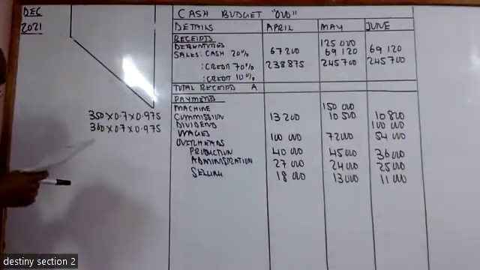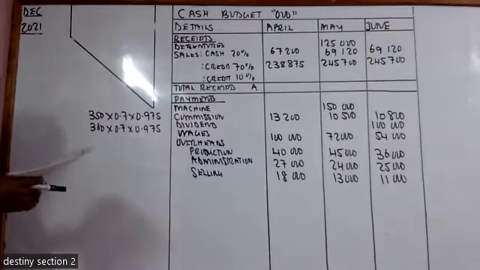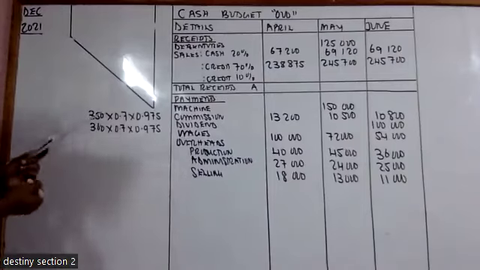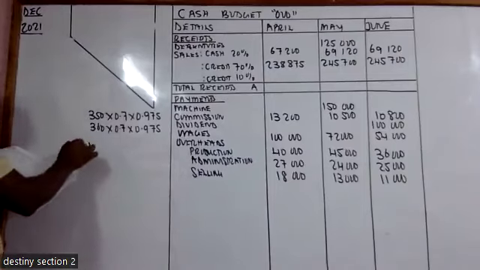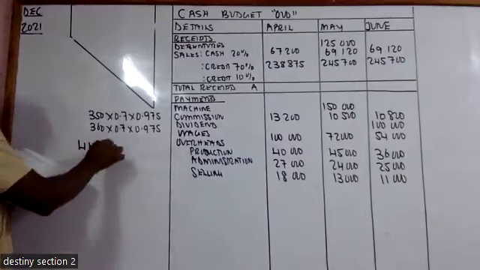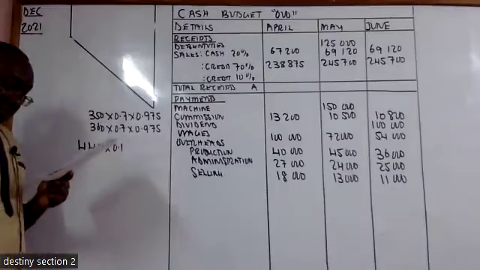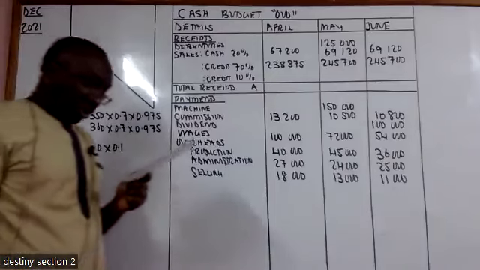Then the other percent is 10%. They pay within 2 months, so they pay the following month. So the sales of March, they were 440. So it is 440 times 10%. And these ones are not enjoying any discount. So how much is that?